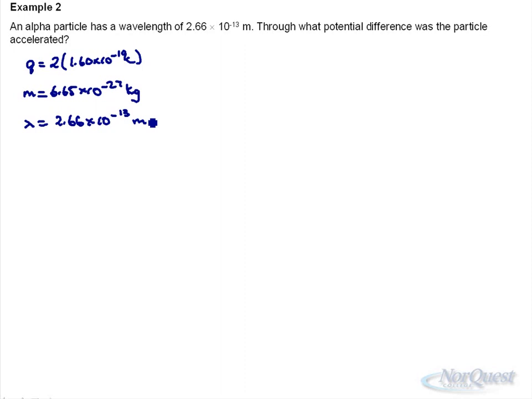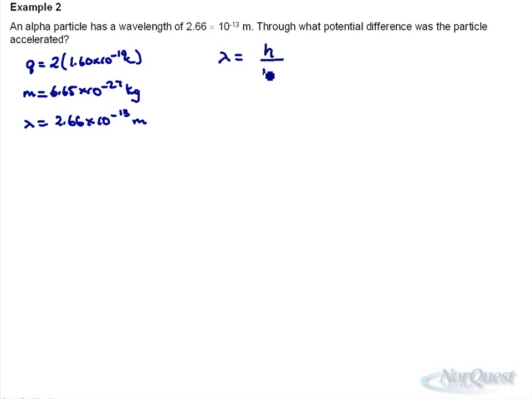With everyday objects, the wavelength is way too small, that's why we behave like particles. But with really small objects like electrons, their wavelengths are significantly larger so that they actually have some significance. So what we're going to do is start with the de Broglie formula.